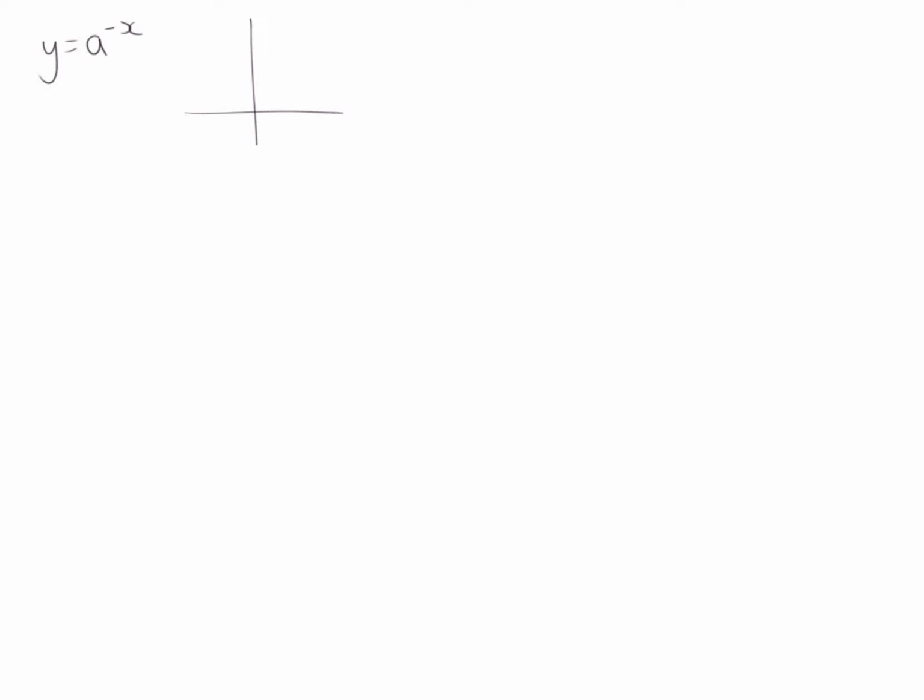So instead of our graph rising from left to right, it decreases. So that's our basic shape for y equals a to the minus x. If we instead made the entire expression negative, so y equals negative a to the x, we got a flip about the x-axis. So now the entire graph fell below the x-axis.